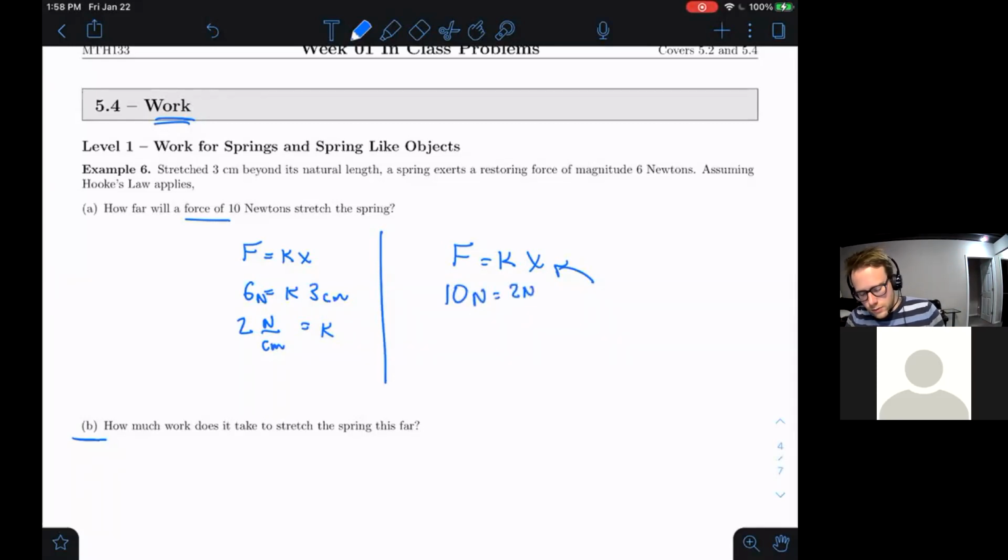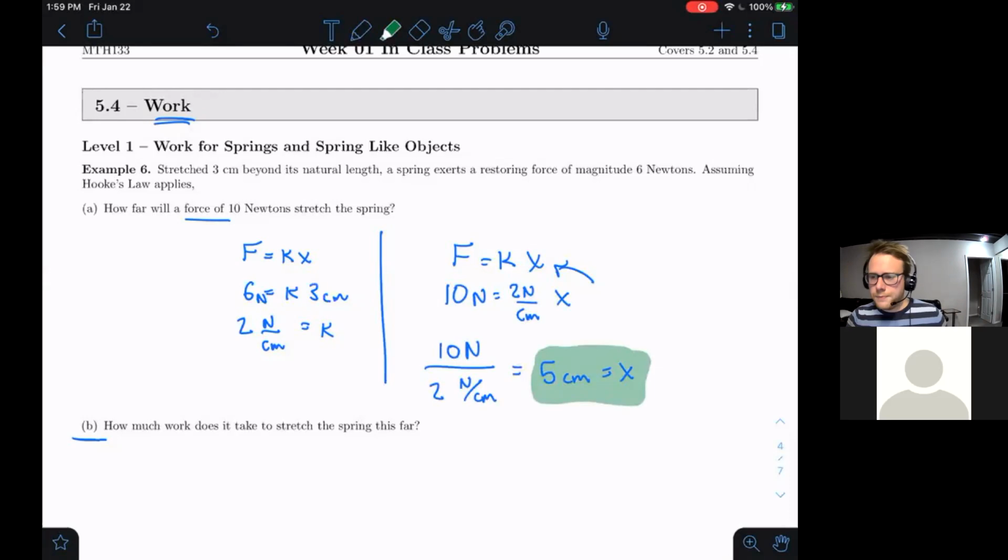Here K is 2 newtons per centimeter, and here we have X. If we divide onto the other side, 10 newtons divided by 2 newtons per centimeter, you can flip those units, and you're going to get 5 centimeters as our value for X. So this is a relatively nice one.